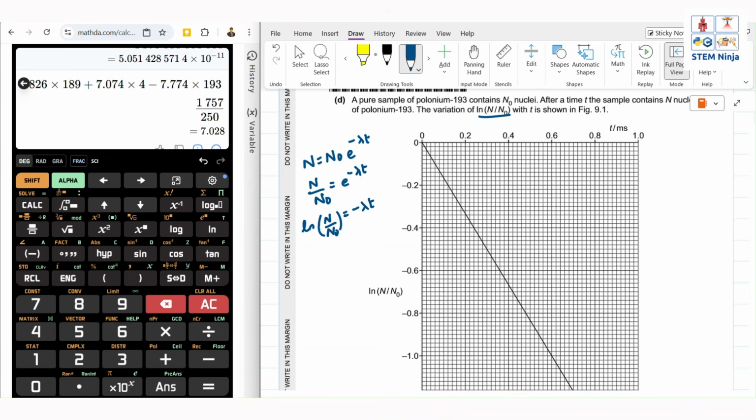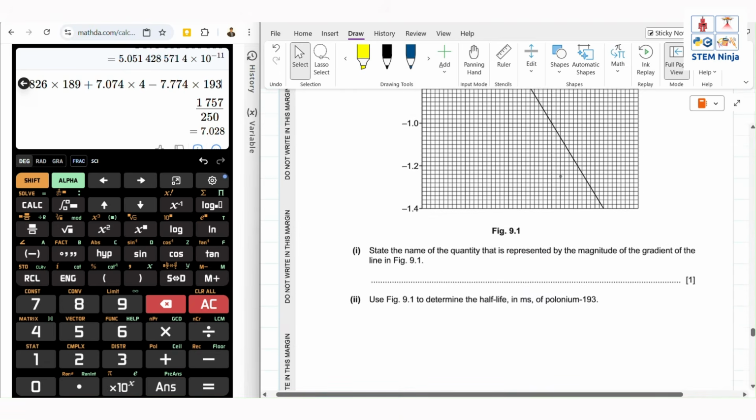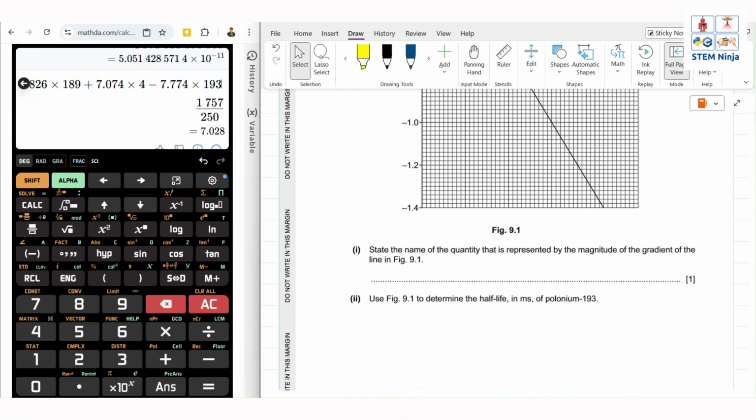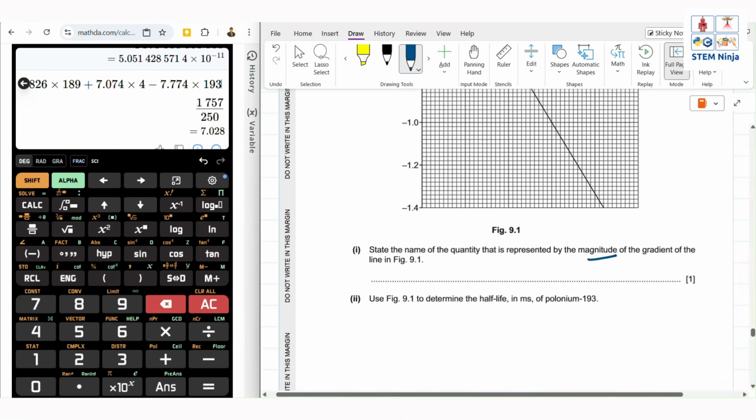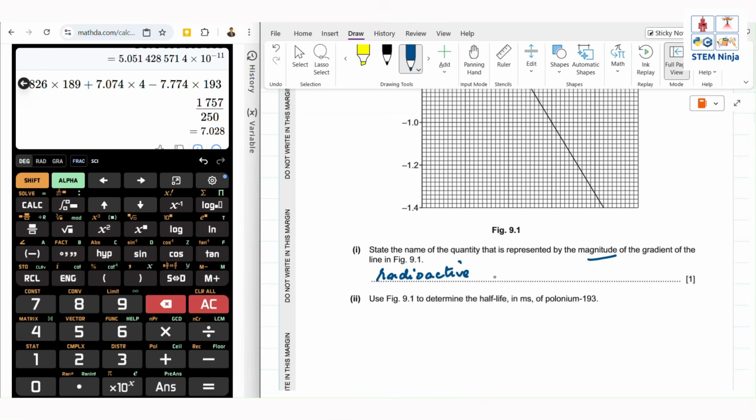So this is sort of y equals mx, m being the gradient. State the name of the quantity represented by the magnitude of the gradient. So lambda is the radioactive decay constant.